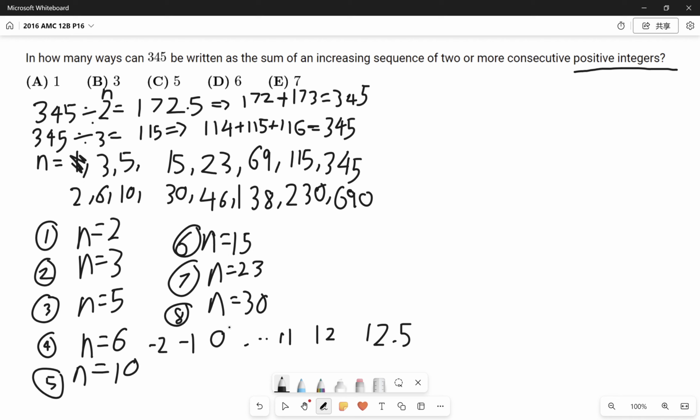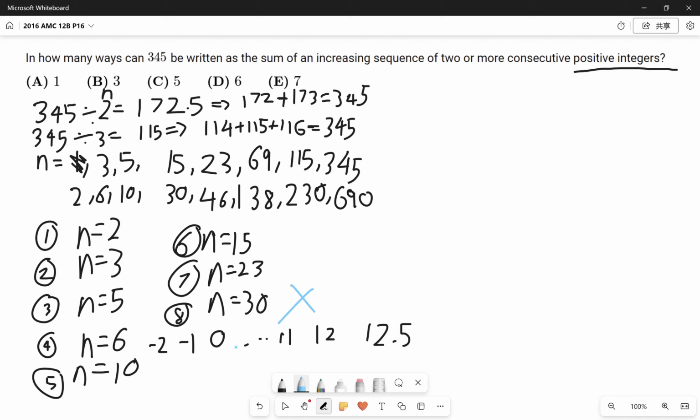However, the problem here is that it says you need consecutive positive integers, not just integers. So -2, -1, and 0 can't be used. But if you don't use them, you can't produce a 30-number consecutive sequence that has a sum of 345. So this doesn't work. Case 8 already fails.